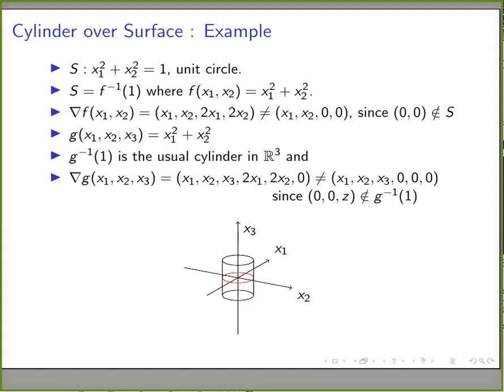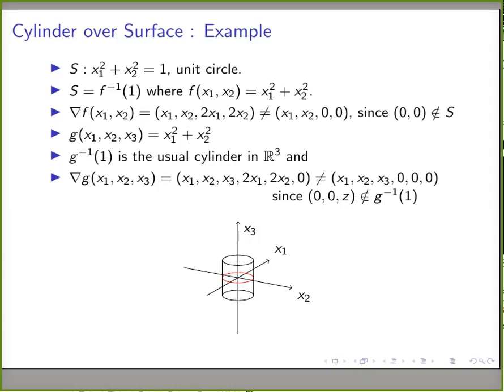And clearly, the origin is not on this g inverse of 1. Therefore, g inverse of 1 is a cylinder. If you take g inverse of 0, it is only the origin, a singleton set which contains only the origin. This does not qualify as a surface, and again this is not regular with respect to g.